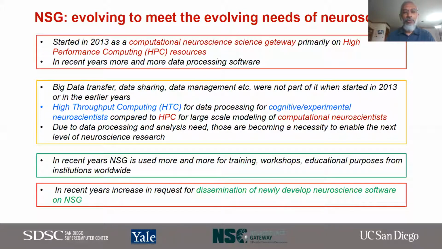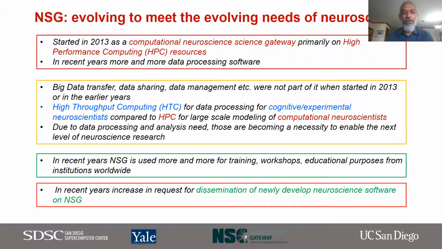Hence, high throughput computing is what is needed for them, more than the high performance computing needed for computational neuroscientists, as well as large data transfer, data sharing, and data access by multiple users. These are the new features that NSG is starting to provide as more users from the data science side join NSG. There are more and more trainings and workshops happening using NSG in recent years.